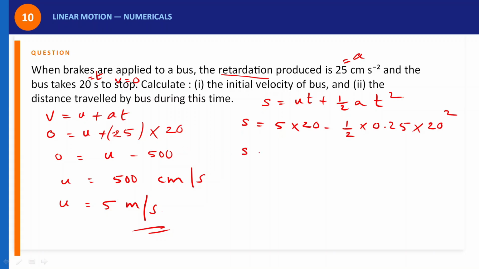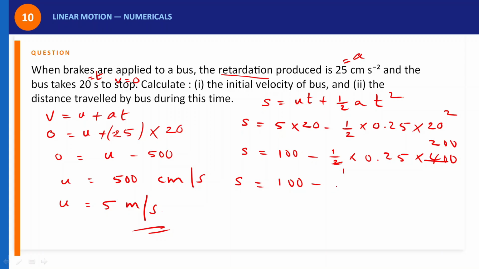So S equal to what will you get? 5 into 20 is 100, minus 1 by 2 into 0.25 into 20 square, 400. S equal to 100 minus, shall I do the cancellation here? 1 by 2 and 200.